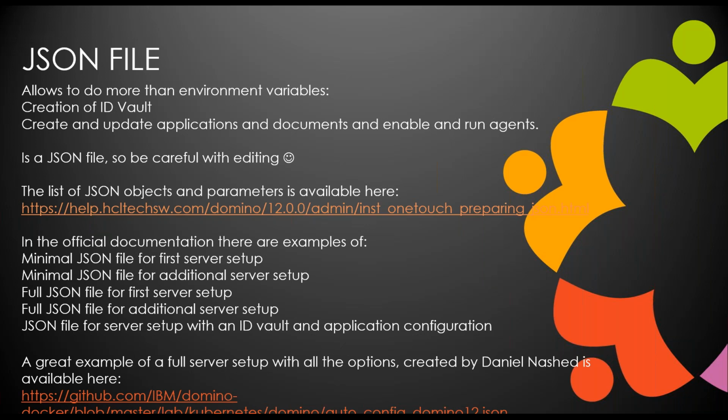You know that there is this repository on GitHub where they have all the stuff needed to run Domino on Docker, in general Domino on Linux. Here, following the link that I put in the slide, there is a great example of a full server setup JSON file created by Daniel that you can grab and use as a reference and then modify according to your needs.